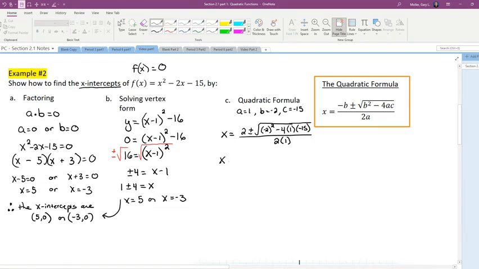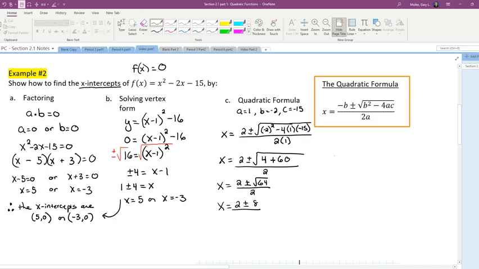So just pay attention, make sure you don't make silly mistakes. Negative 2 squared is 4, minus negative and a negative makes a plus, so it'll be plus 60 over 2. So x equals 2 plus or minus the square root of 64 over 2. x equals 2 plus or minus 8 over 2.